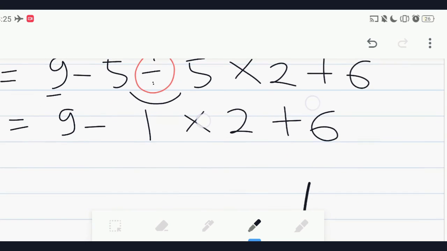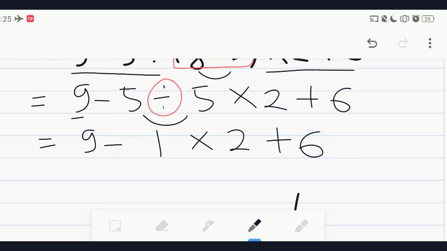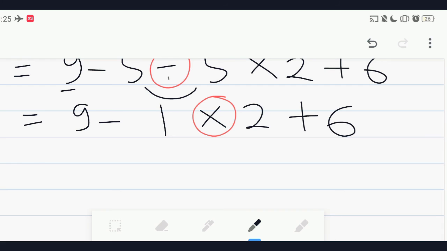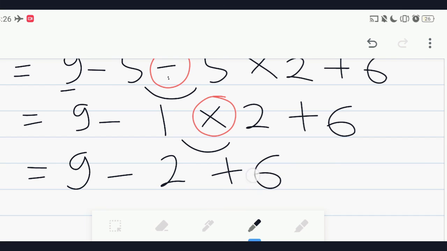Then the next one is the multiplication, which is here. So you write 9 minus 1 times 2, which is 2, plus 6.